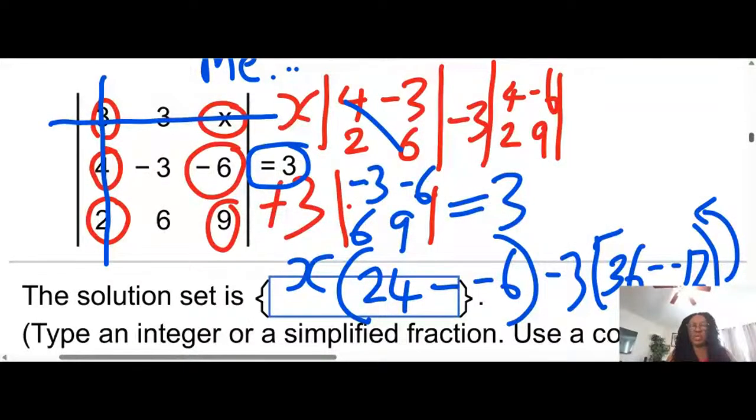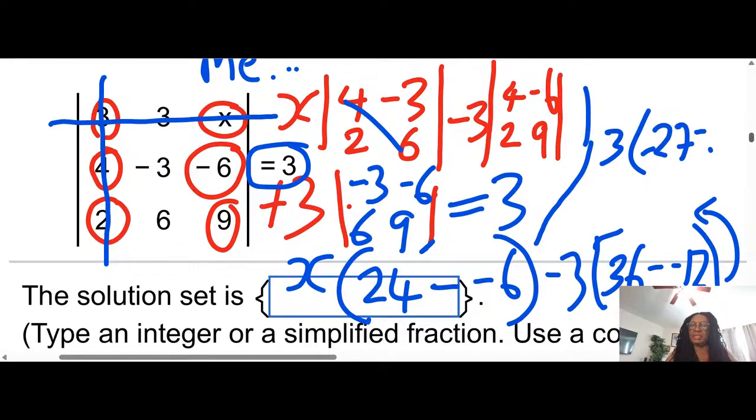Okay, so then the last one is 3 multiply. See, this is 3 here. So 3, parentheses, evaluate this determinant. Negative 3 multiply 9 is negative 27, minus 36.